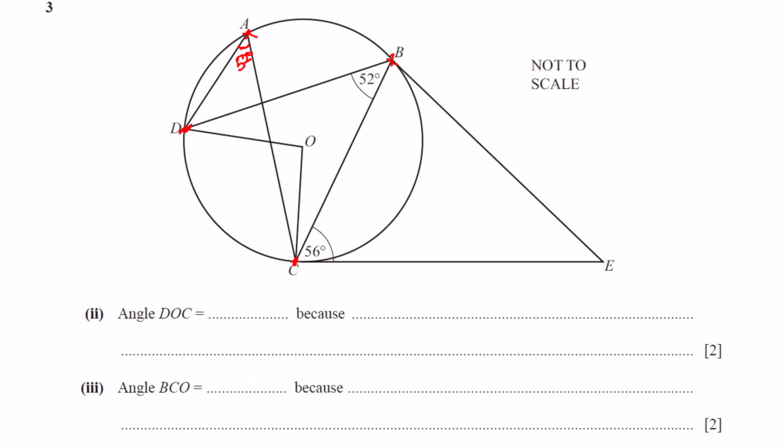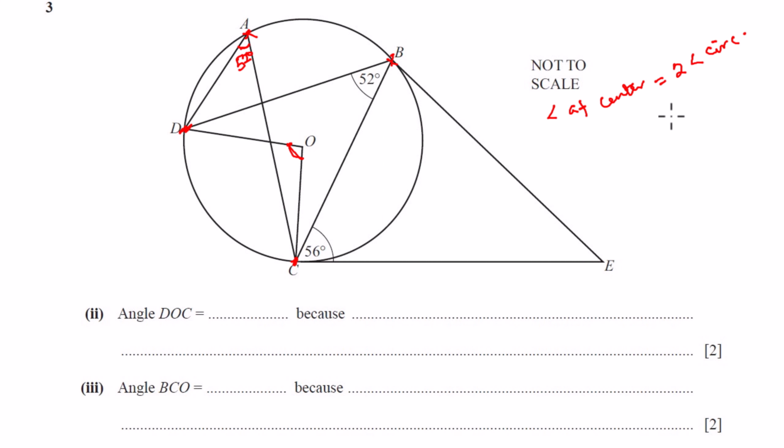So we're also asked to find DOC. DOC is the angle at this center here. Okay, there's a theorem that says that angle at center is twice angle at circumference. Angle at center is 2 times whatever the angle at the circumference is.